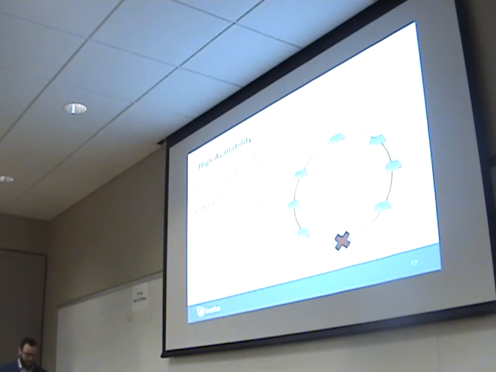So how does Riak actually do all these things? Riak itself is written in a language called Erlang, and Erlang is very well known for having certain unique properties. It was developed at Ericsson in the 80s, for telecom.